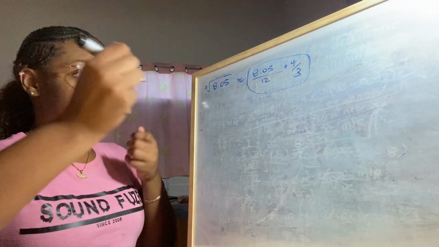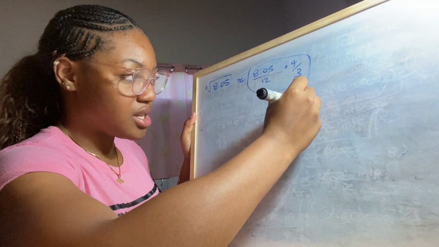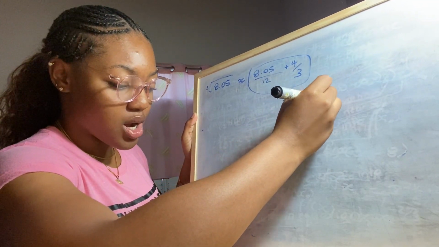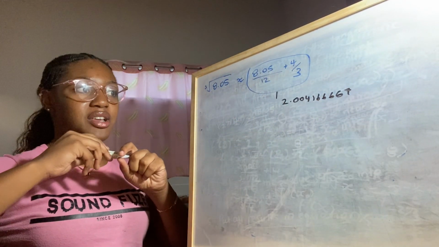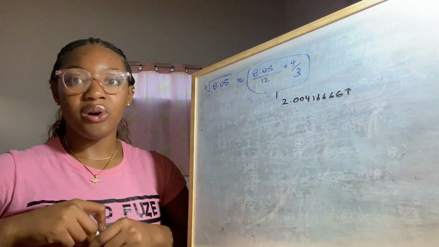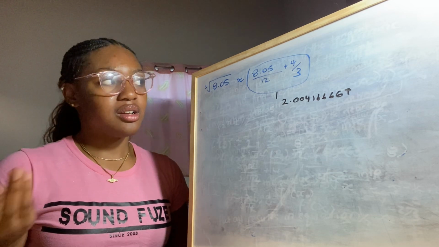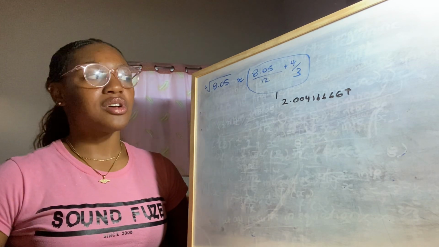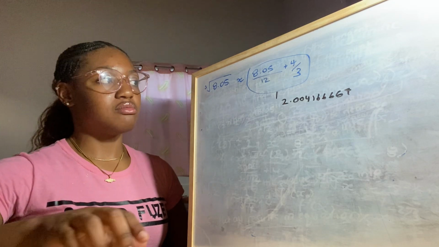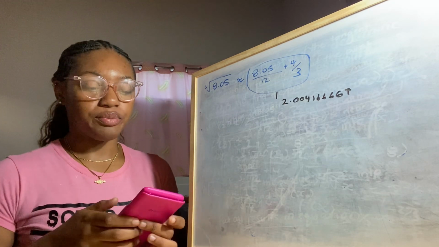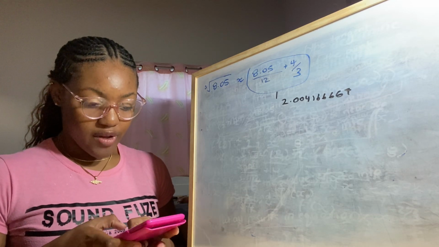So this right here is giving us 2.00416667. So now, in order to see if our first order estimate is valid, we're going to find what is the cube root of 8.05. So we're going to use this expression, cube root of 8.05.